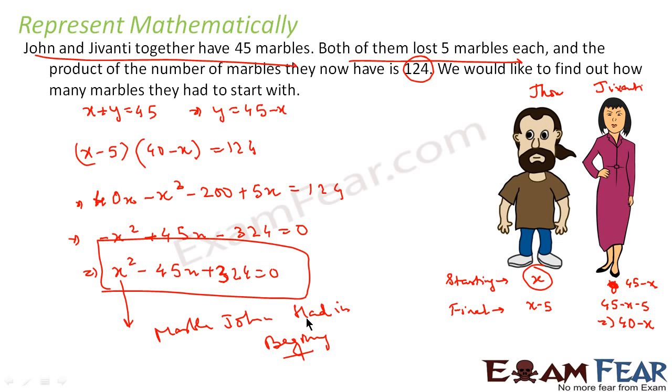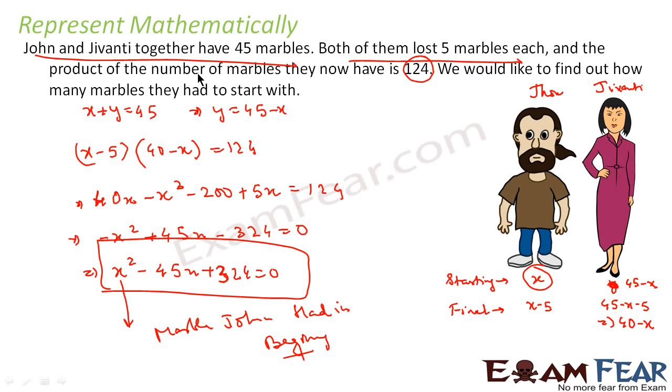We are not asked to solve this question, we are just asked to represent it mathematically. If you solve this quadratic equation, you will get the number of marbles John had. We will learn how to solve this quadratic equation in the next few slides. But just to start with, we have learned how to represent a real life scenario in mathematical terms.